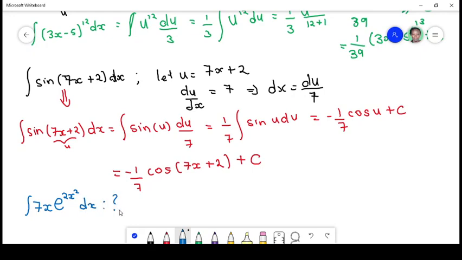What will be your answer? The skill of choosing your u is equally very important as well. So I will be expecting your results in the comment section. Thank you.